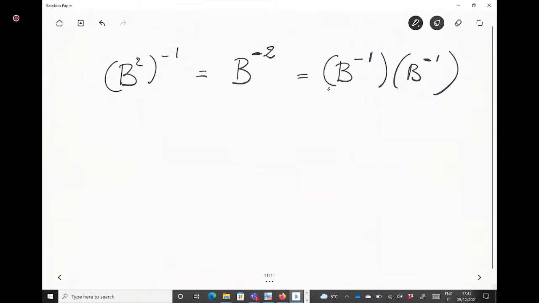So by exercise, compute b to the power of -1, the inverse of b, multiply it by itself, and you will get again the inverse of b squared. So we can denote this as b to the power of -2, it's well defined. It has a strong meaning because it satisfies this property, okay?